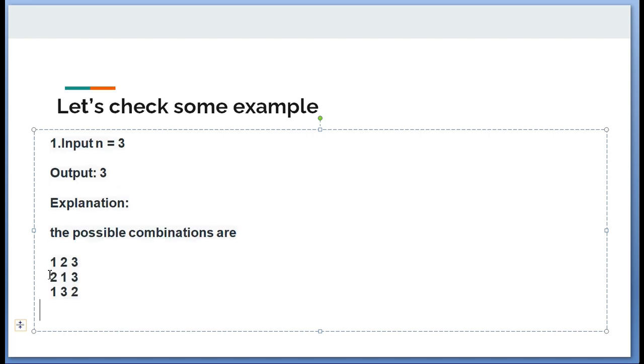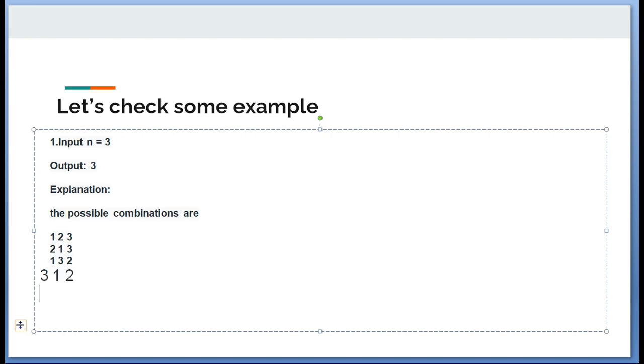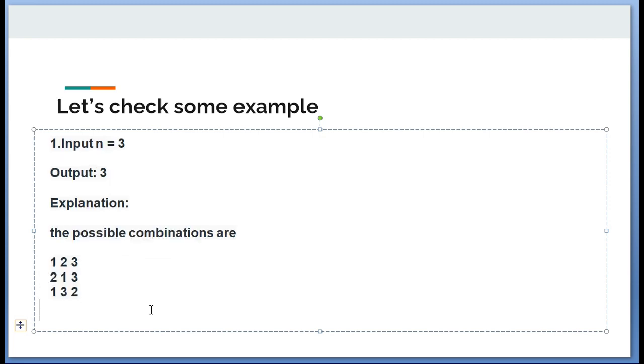With 3 at the beginning we have 3 1 2 and 3 2 1. These two are not valid because we can't put 3 here. Now suppose we put 2 at front, then 3, then 1.